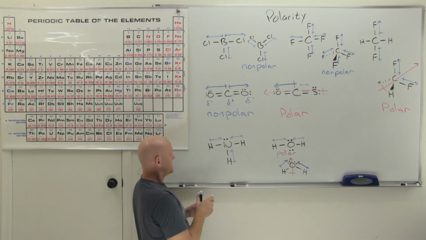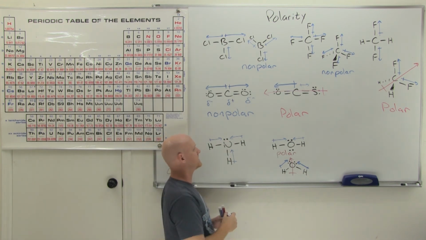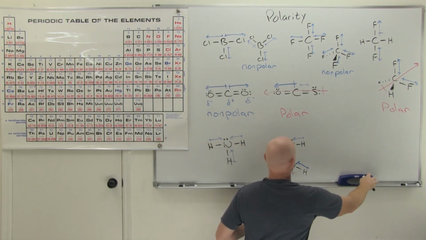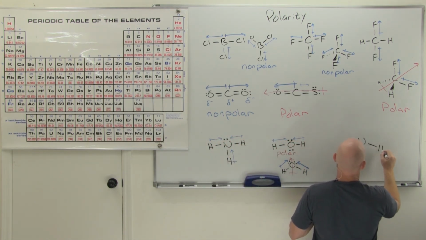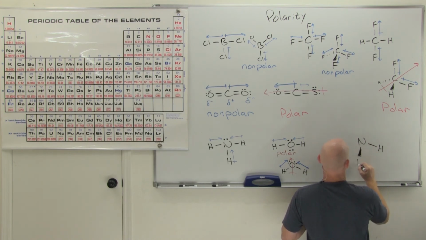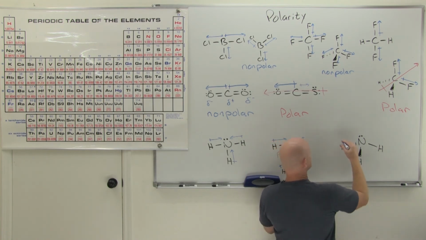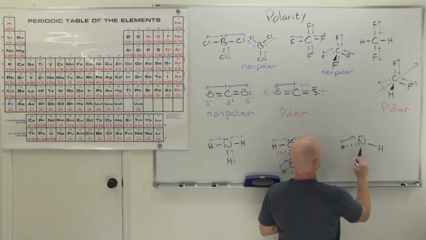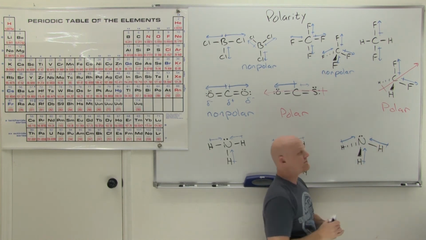Now, if we look at ammonia here, they don't look like they cancel anyways, but again, we should really take into account the real three-dimensional geometry here, and I'll draw that once again over here. And if we draw those individual bond dipoles in one more time, they're definitely not going to all cancel.